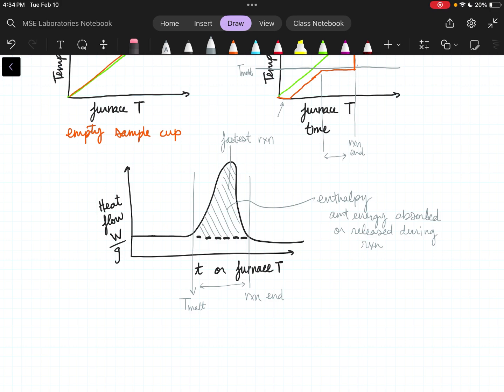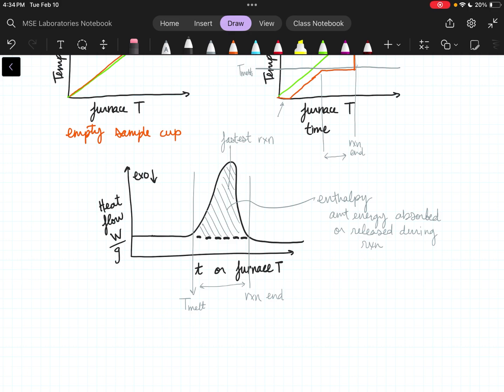This, what I've drawn right here, could be an endotherm, could be an exotherm. We were talking about a melt, so it was an endotherm. But we have not chosen a specific direction to indicate exotherms and endotherms when it comes to DSC data. So often on the y-axis, you'll have a little sign that'll say exo down.